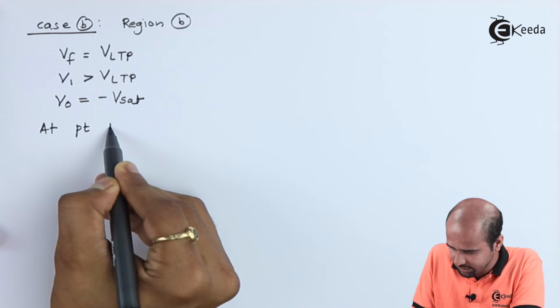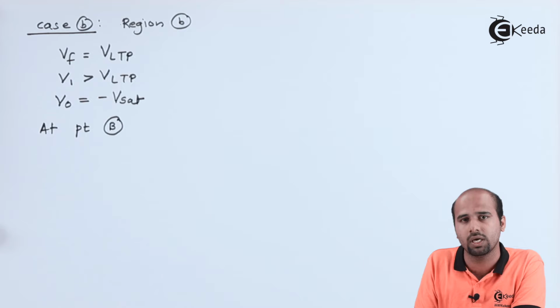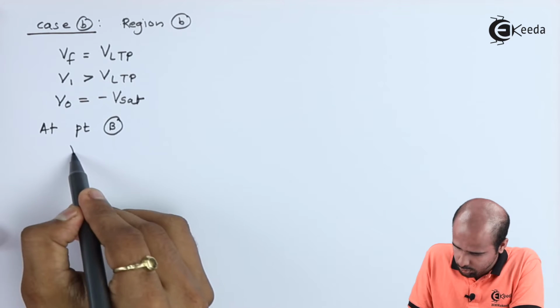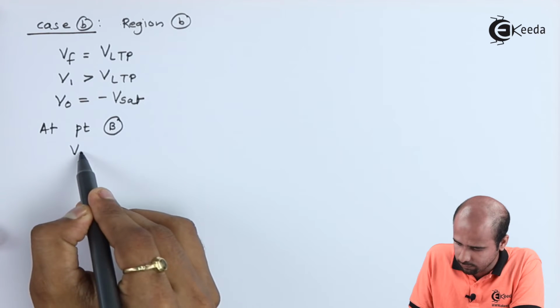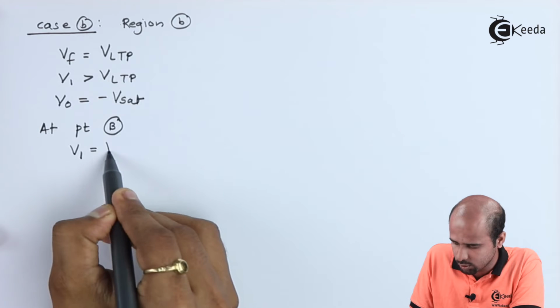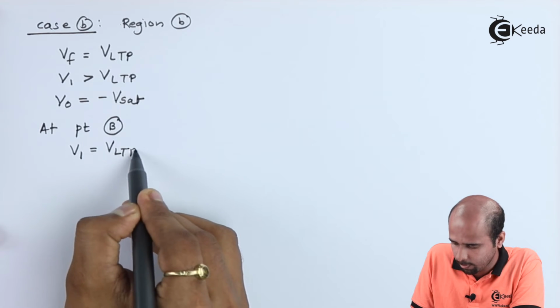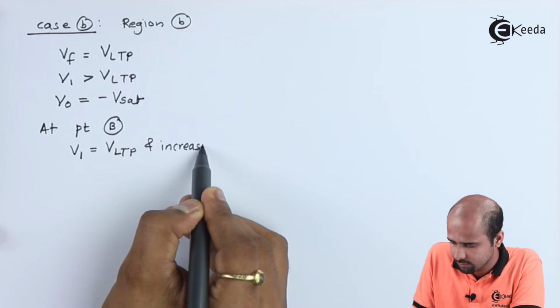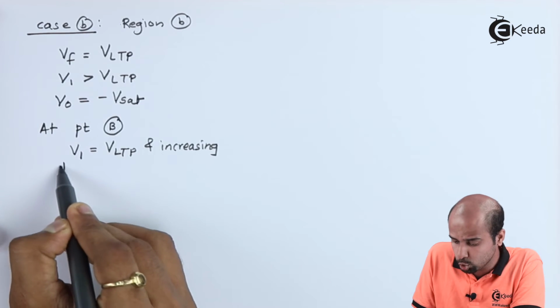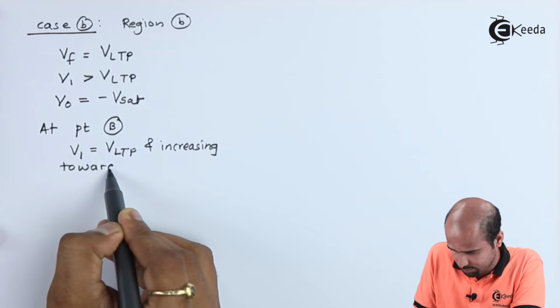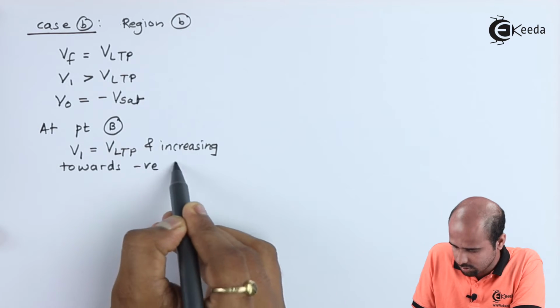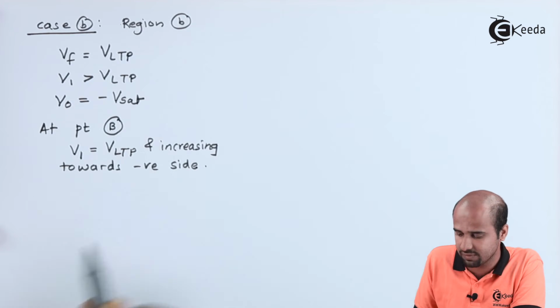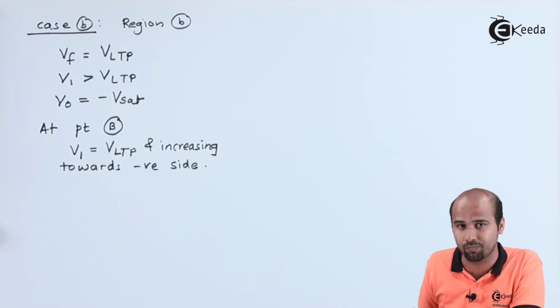At point capital B, your value of V1 is equal to VLTP and increasing towards the negative side. That means actually the value of V1 is decreasing, right?